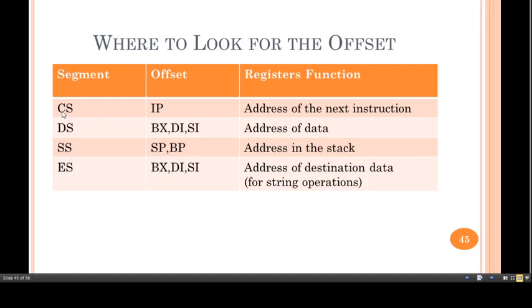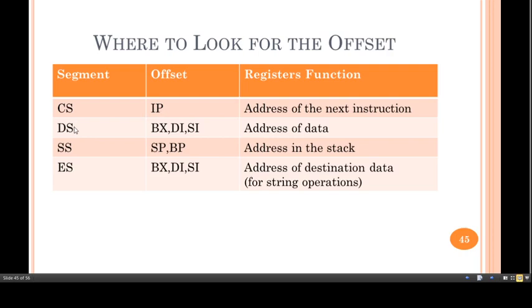The segments are CS, DS, SS, ES, and the offsets related to those segments are represented by registers. The offset of the CS segment is represented by the IP register. It gives the address of the next instruction, meaning the address of the next instruction is represented by the instruction pointer.